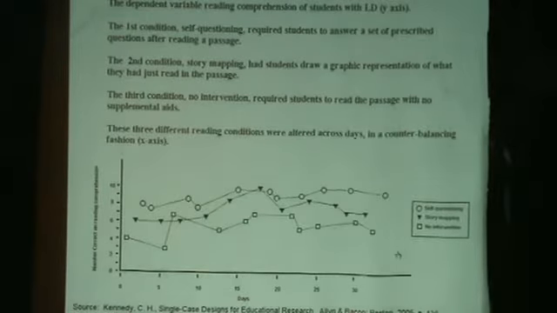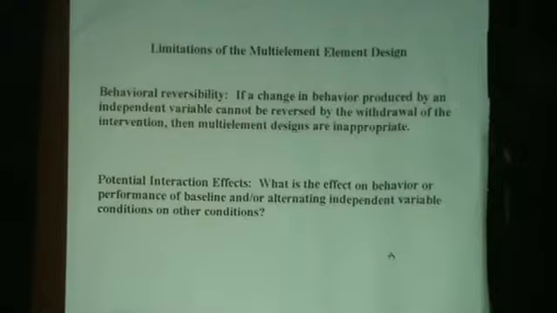So experimental control, or a functional relation, has been established here between self-questioning and reading comprehension of a student with learning disabilities. It seems that the self-questioning intervention was the most effective. So that's it. That's a very simple multi-element design. Again, very usable in classrooms.